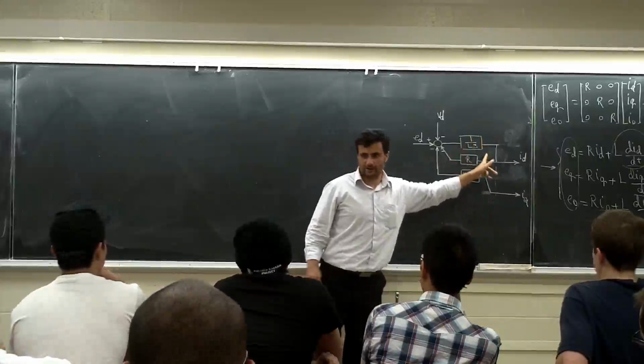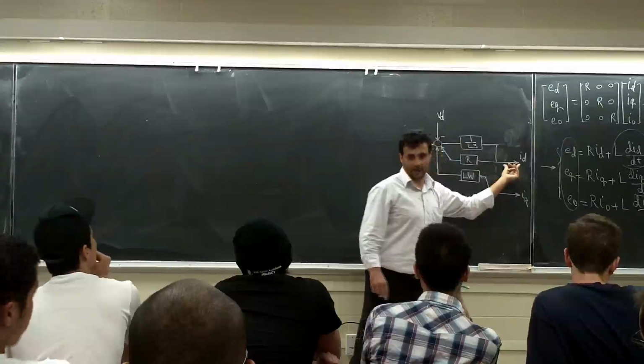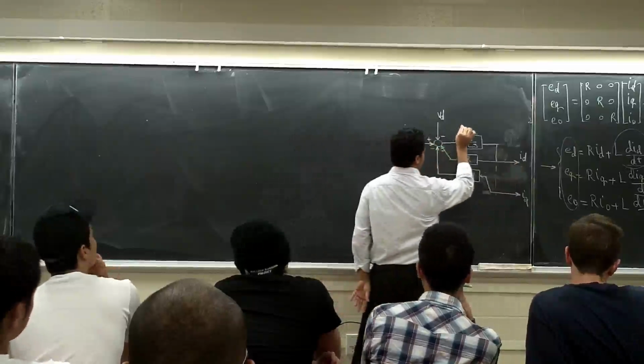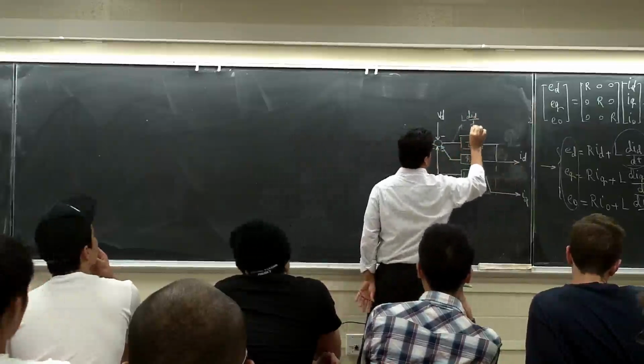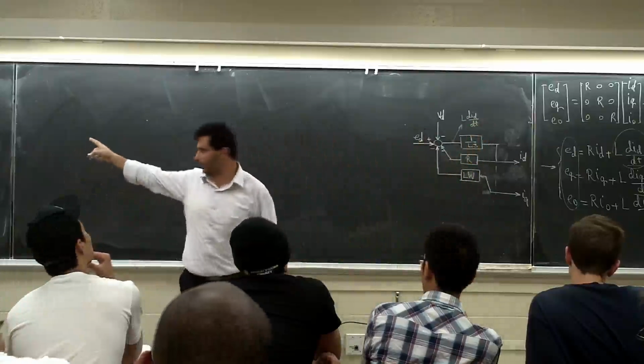And over S, I'm integrating that. This one is going to be ID. So basically, what do I have here? This is the L dID over dt. This is that equation over there. Go look at that equation, the top one.